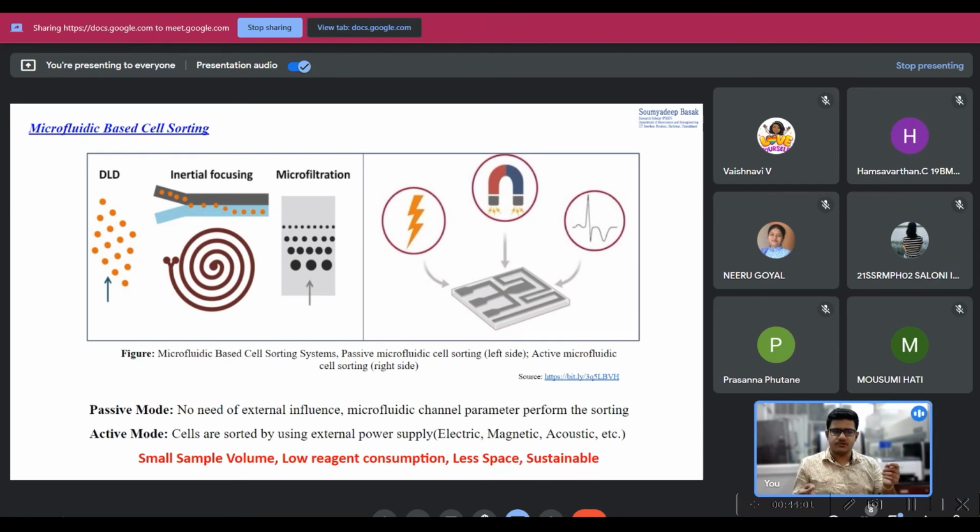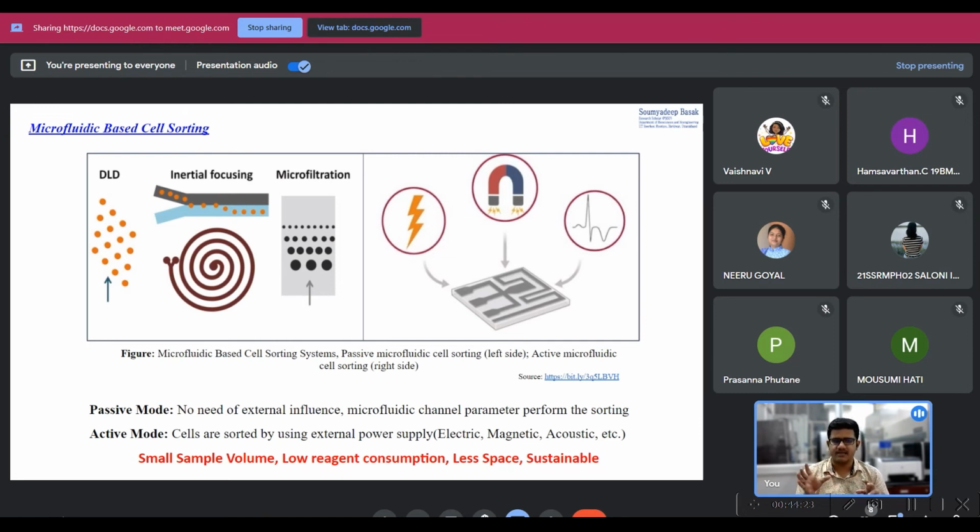And using those probes, like electrical probes, as well as this optical platform, we can treat our cells with various kinds of fluorophores, like aptamer tagged fluorophore or antibody tagged fluorophore, and then visually see in the channel itself, and then sort it out with the help of various other mechanisms. Right.